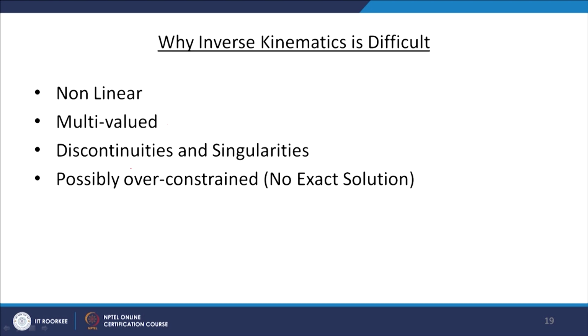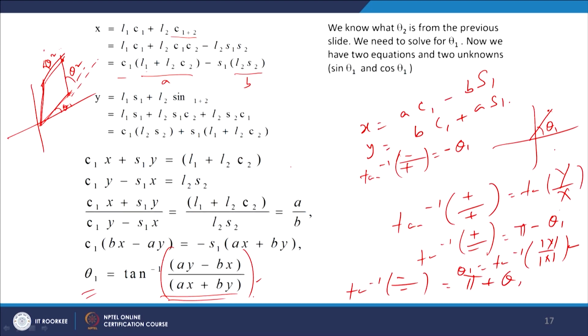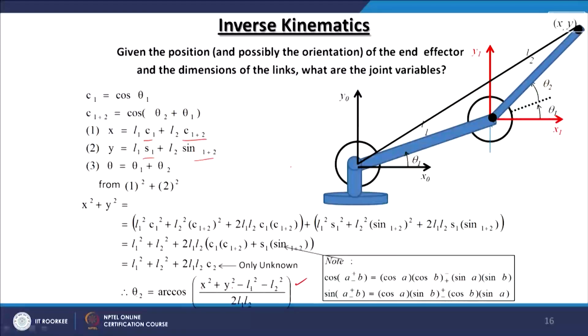and there may be singularities, because if you give a particular x y value for the end effector position, such that the value inside this bracket is more than 1, then cos inverse does not exist.